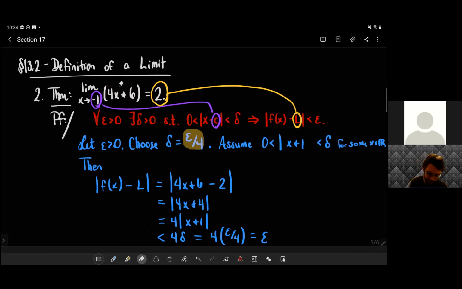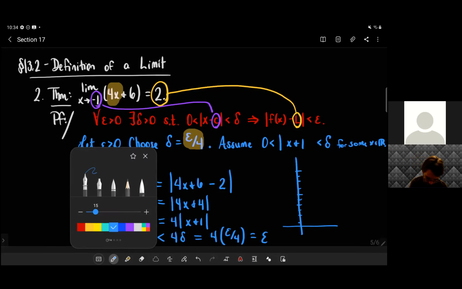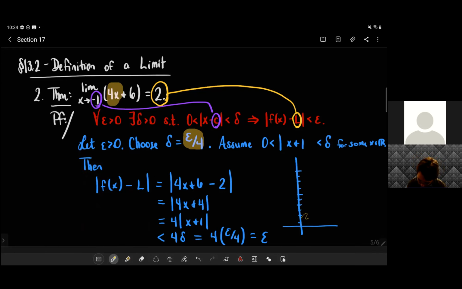After some practice and getting used to this stuff, you'll realize, oh, it's actually because the slope of the function was 4. And what's happening here is, okay. Try to draw this kind of well. It's probably going to get butchered. 1, 2, 3, 4, 5, 6.